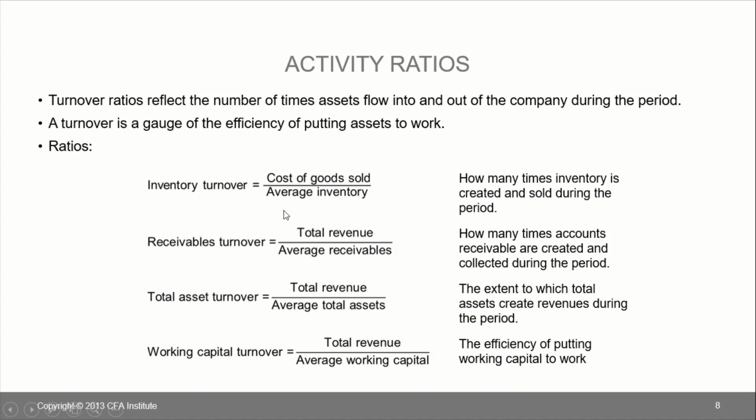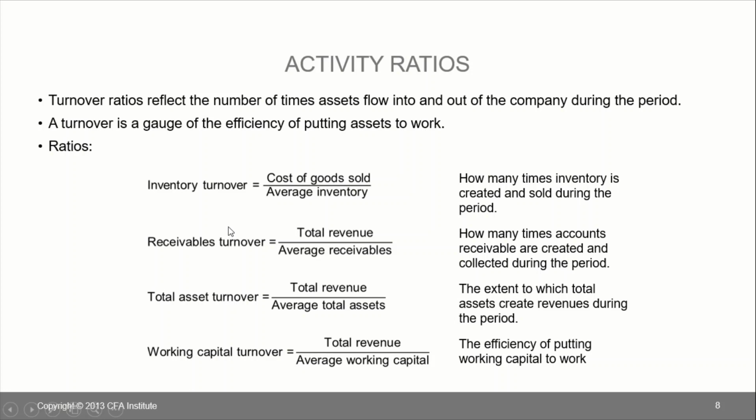As you can see, lahat ng nandito sa ating equations, they are all average. They're all in average. It's because the formula for getting the average amount is just simply adding your base year to your current year divided by 2.